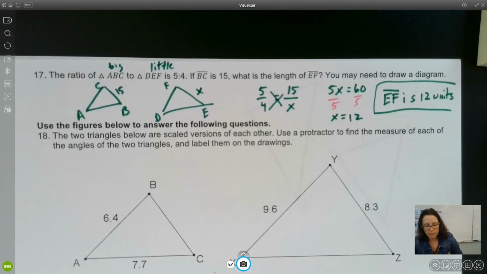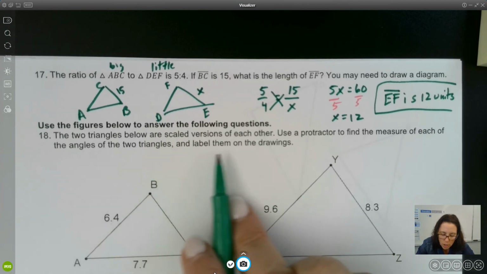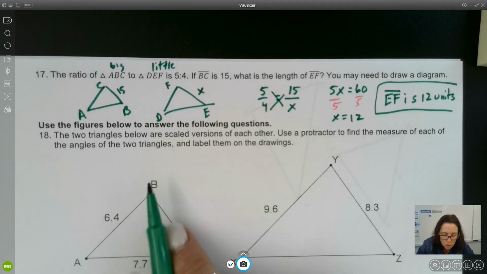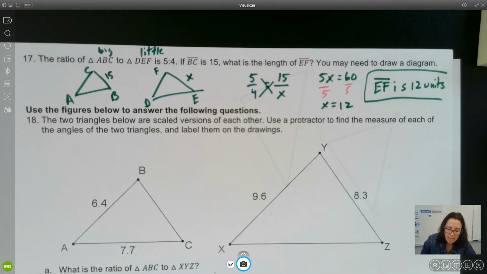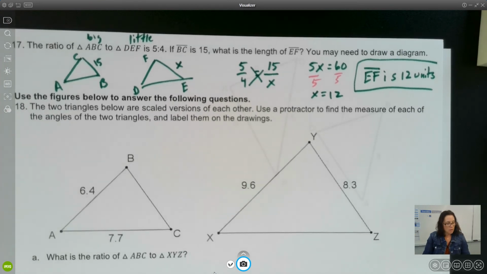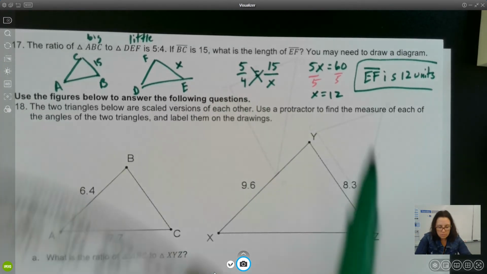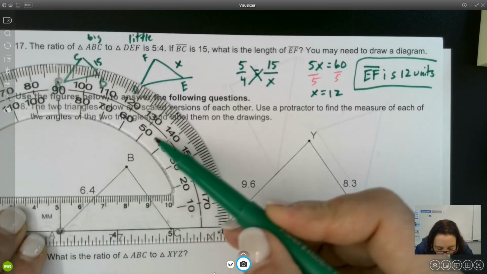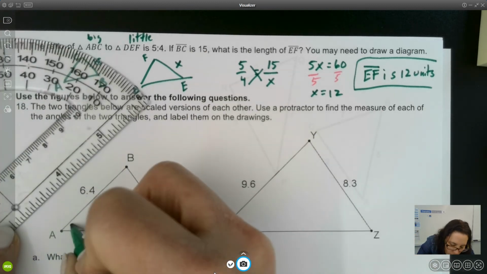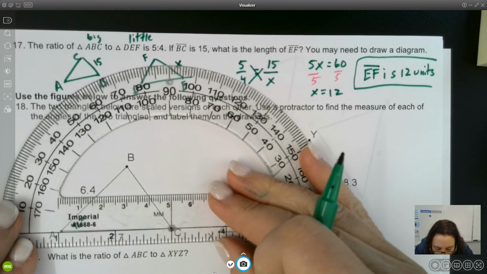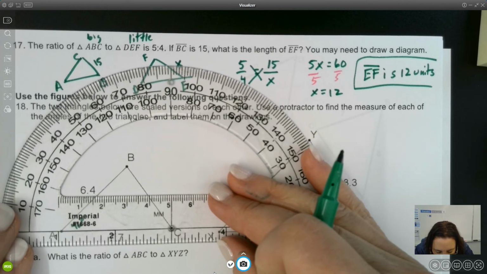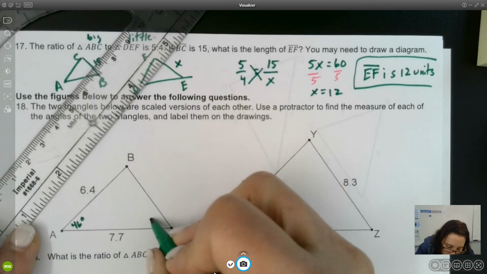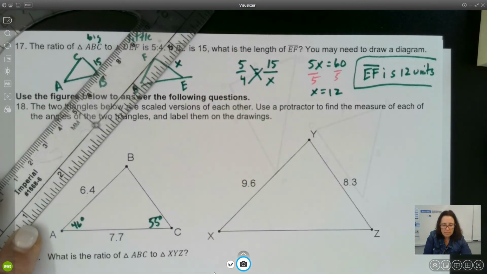Use the figures below to answer the following questions. Two triangles are scaled versions of each other. Use a protractor to find the measure of each of the angles of the two triangles and label them on the drawings. I did not do that in my original lesson. This one looks to be about 46, this one about 55, and remember, these should add to 180.